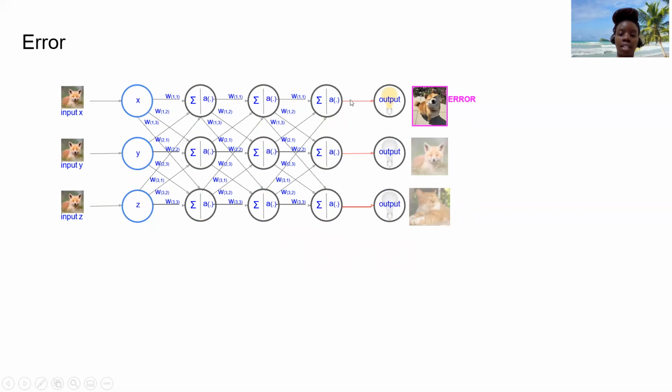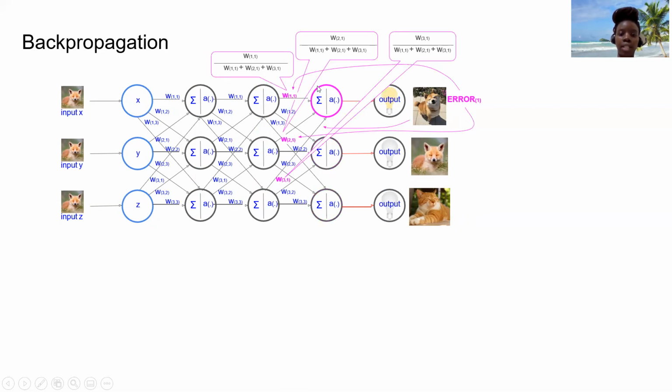We have to start from the output node that produced the error and compute the fraction of error that this single node contributed to the output. So this is how we start, with the layer that produces the output. We compute the error of each node. So we start with this node.